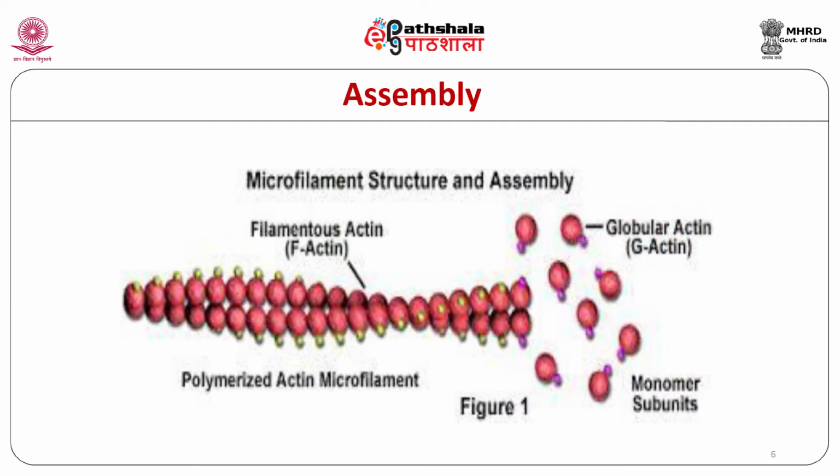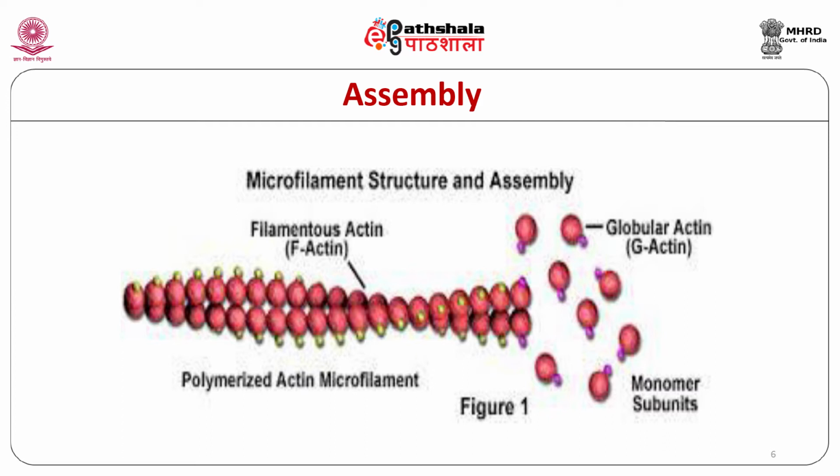Assembly and disassembly. G-actin monomers bind to ATP before being incorporated into a filament. Although it is not essential that G-actin is bound to ATP for polymerization to occur, it does increase the ability of G-actin to incorporate itself into the filament.